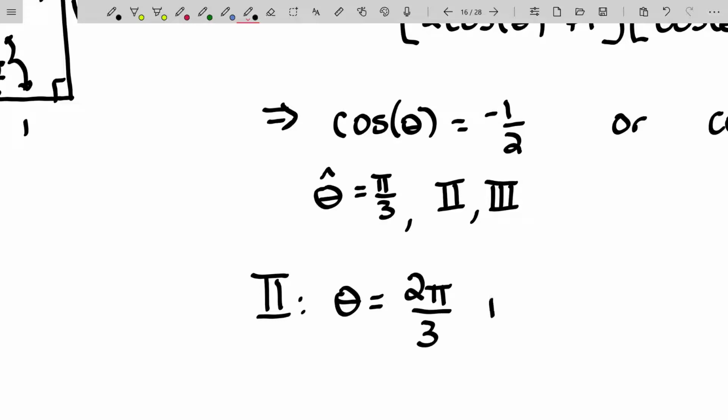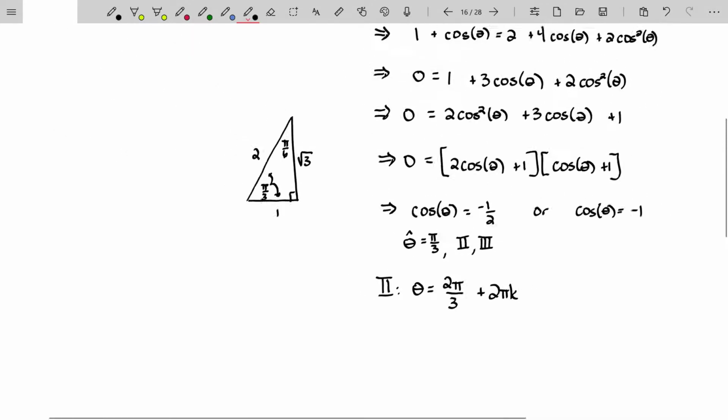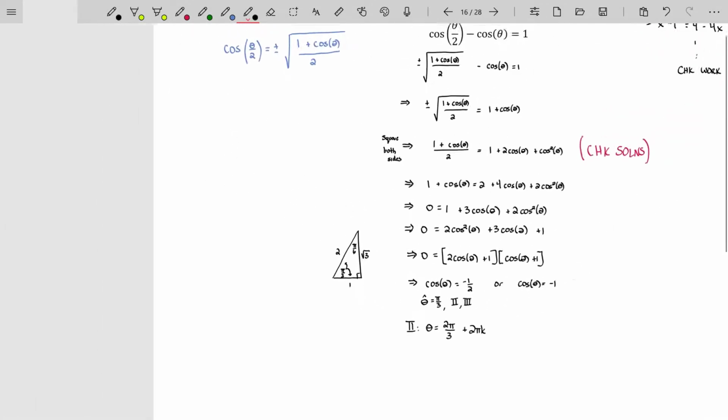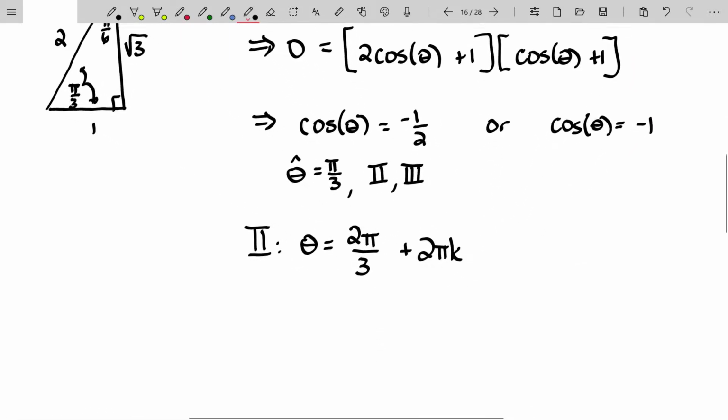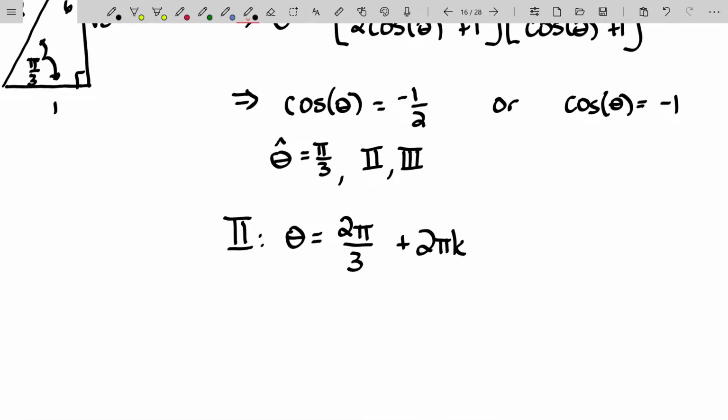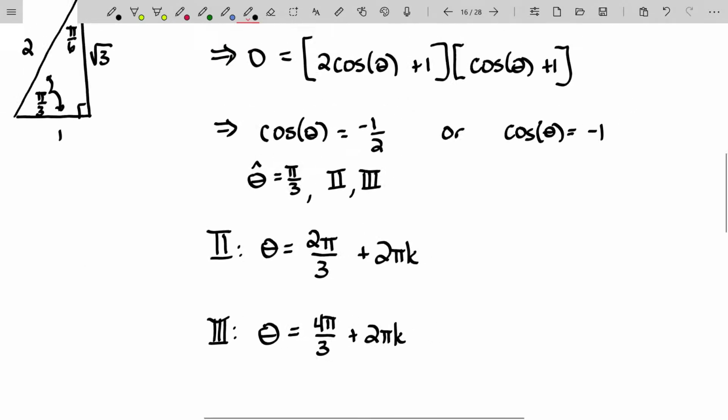And then we have plus 2 pi k. Make sure, did I want radian solutions or just all solutions? Just all solutions. So I'll stick with radians here. And in quadrant 3, reference angle of pi over 3 in quadrant 3 is 4 pi over 3, and then plus 2 pi k. We'll check our answers in a moment, so I'm not going to box them yet.